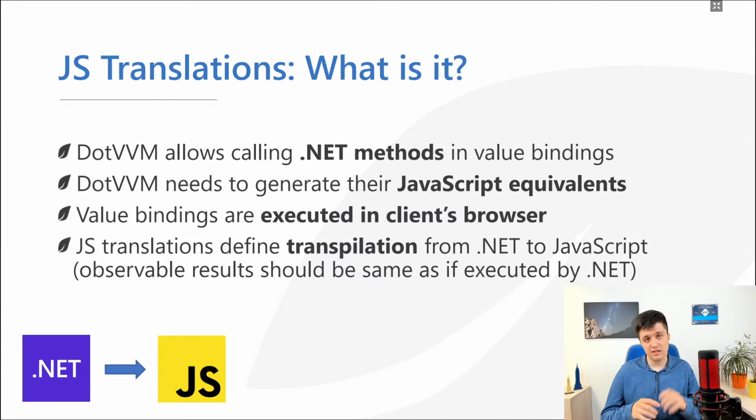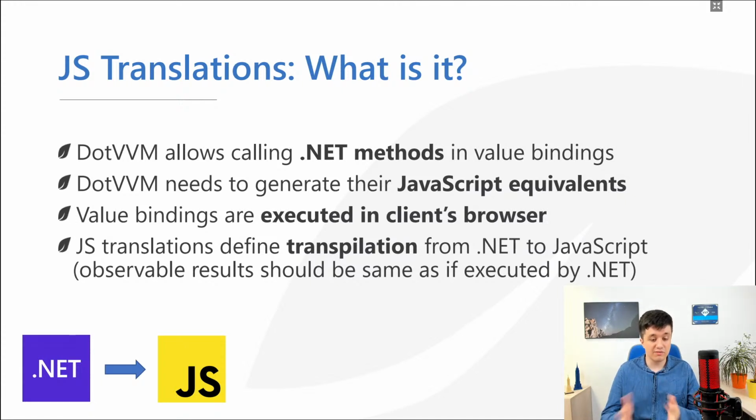But you need to understand that since this is not something like Blazor, where we would have a WebAssembly version of the common language runtime running in the client's browser, we are relying on JavaScript, so we need to provide a JavaScript equivalent of certain .NET methods. And what I mean by a JavaScript equivalent is that we want to implement similar methods whose observable behavior and result for the programmer is the same as if they were executed by the common language runtime.